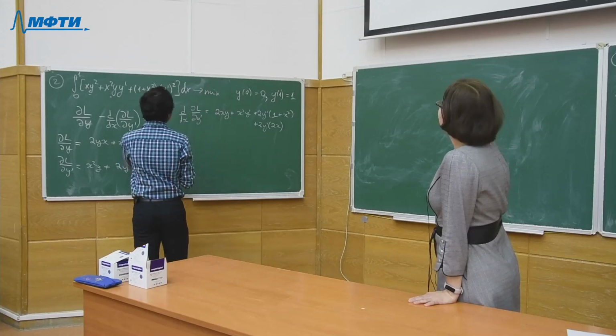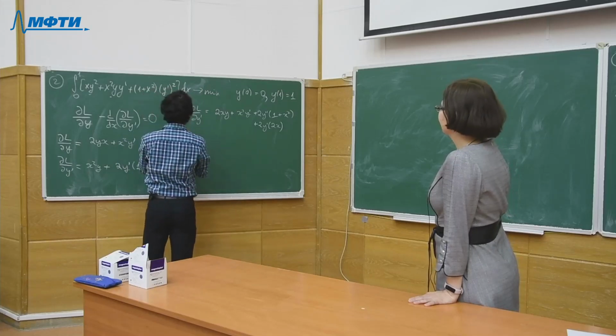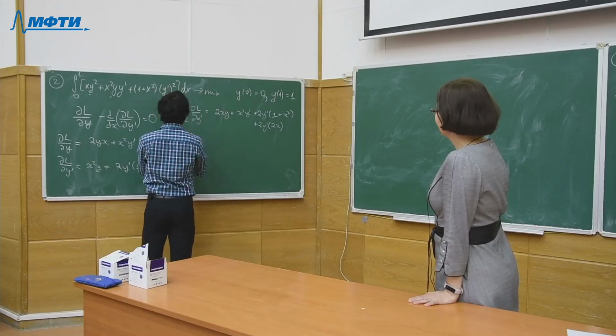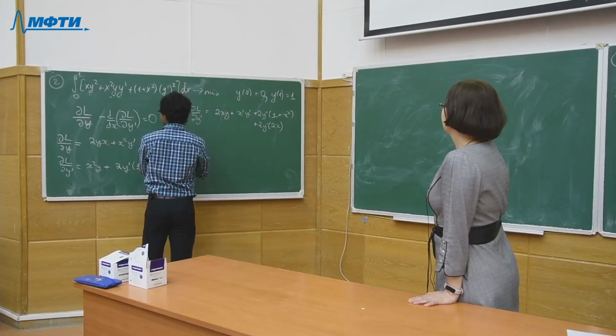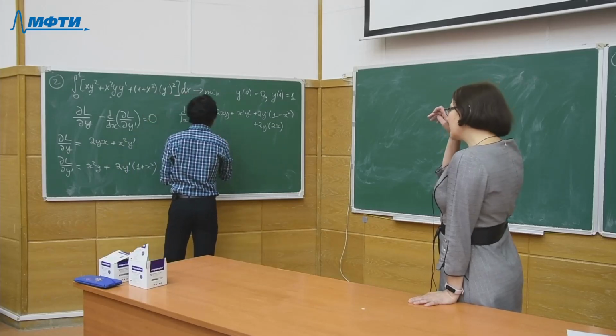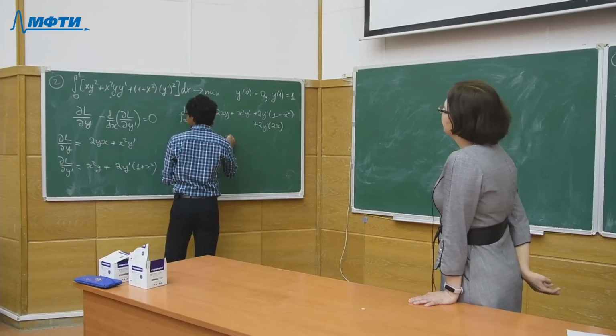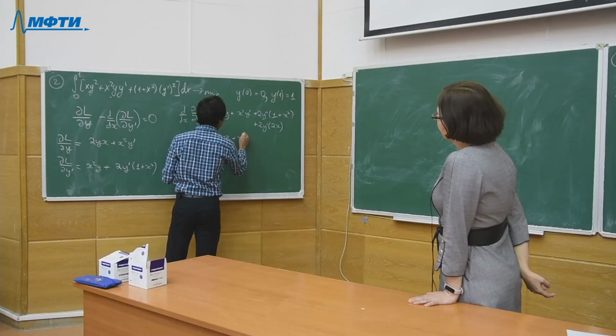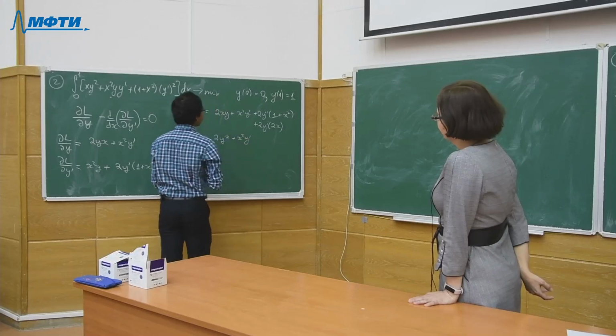Correct. These should be equal to 2x y plus x squared y prime.